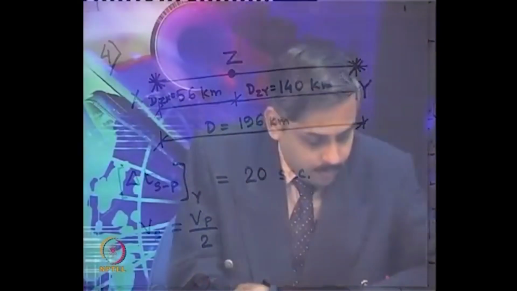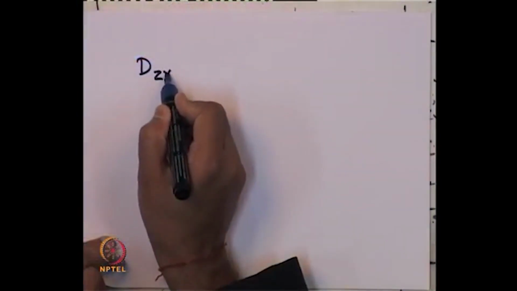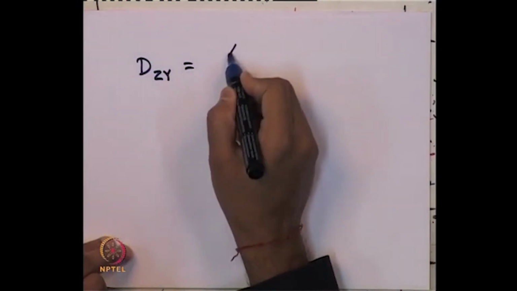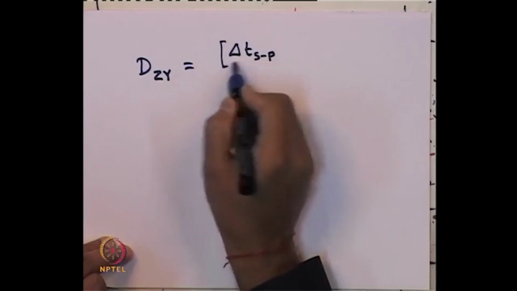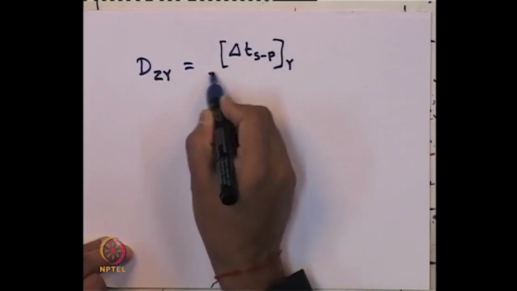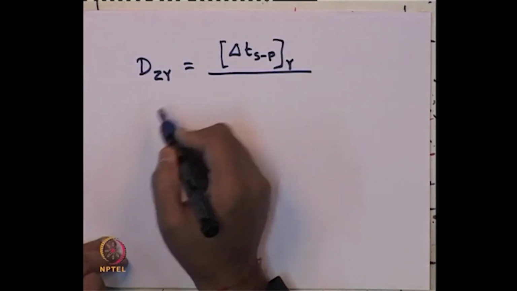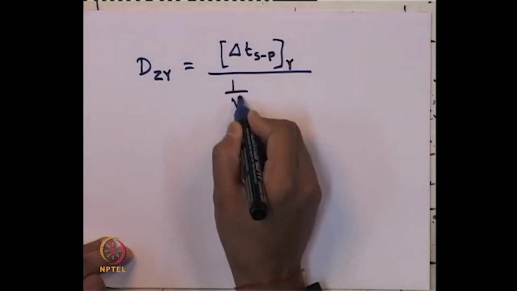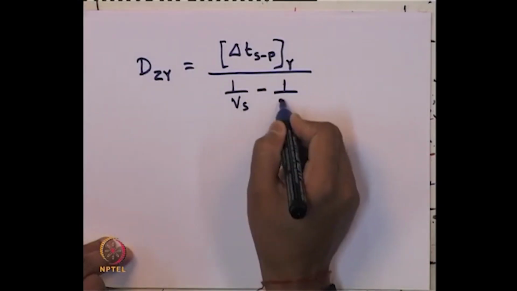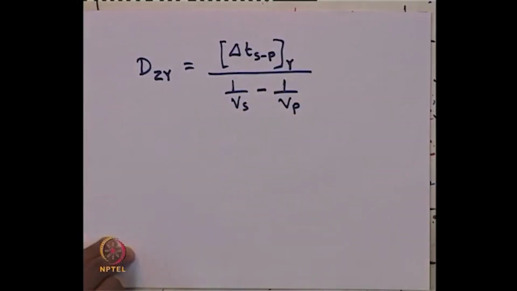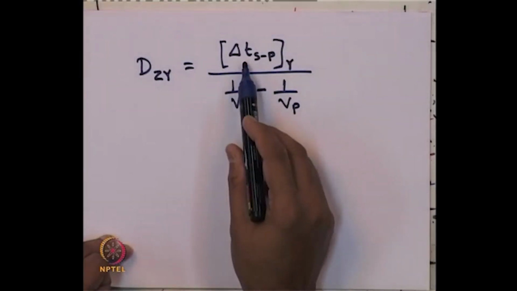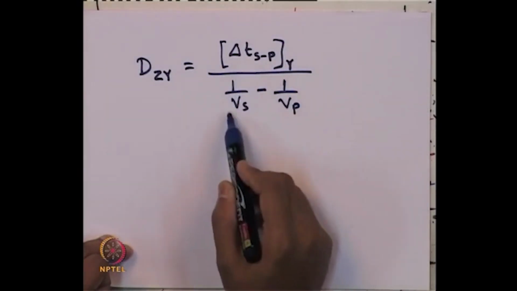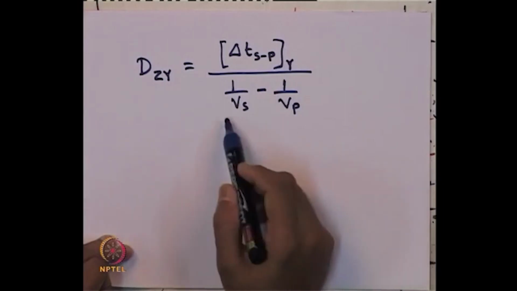What we know is that d of ZY is delta t of S minus P at station Y, because we are considering from the epicenter, divided by 1 by Vs minus 1 by Vp. This equation we have already established in our theory class: the time difference between arrival of S and P wave divided by 1 by Vs minus 1 by Vp.